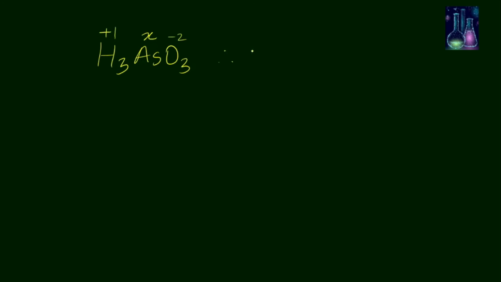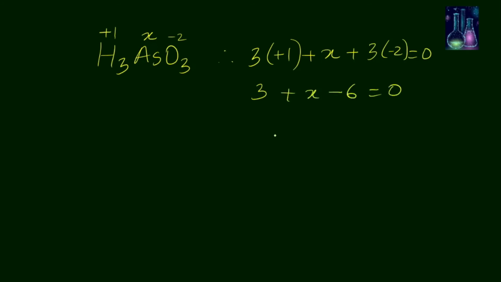Therefore, 3 into +1 plus x plus 3 into -2 equals 0. Therefore, 3 plus x minus 6 equals 0, so x is equal to +3. And that's the oxidation state of arsenic. Let's try out another example.